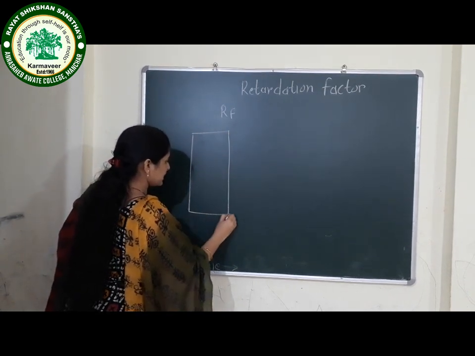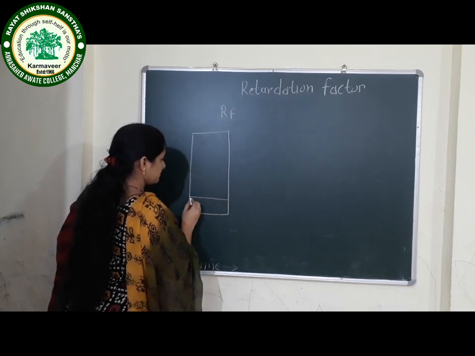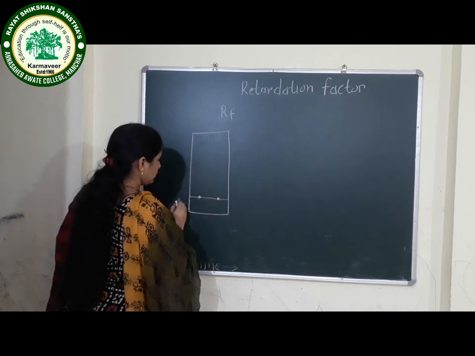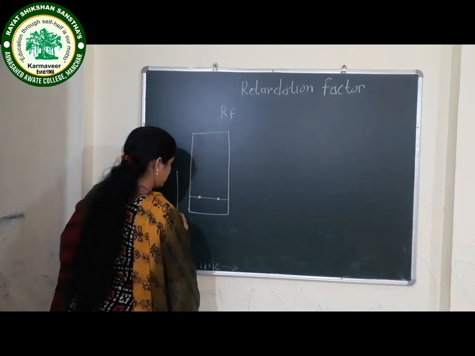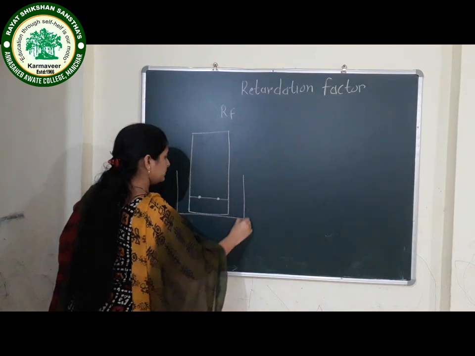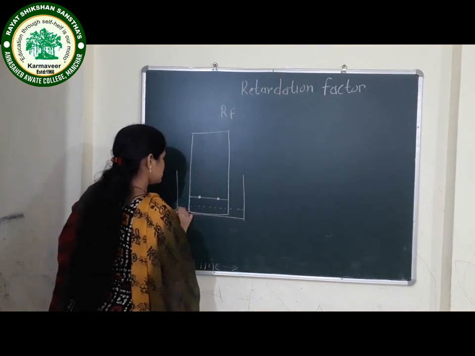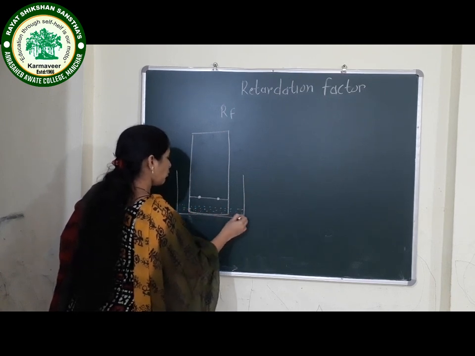Now if this is the TLC plate, this is the baseline on the TLC plate. We apply the spots on this baseline. Now when we dip this TLC plate in the mobile phase, this is our mobile phase, our spotting should be above the mobile phase.